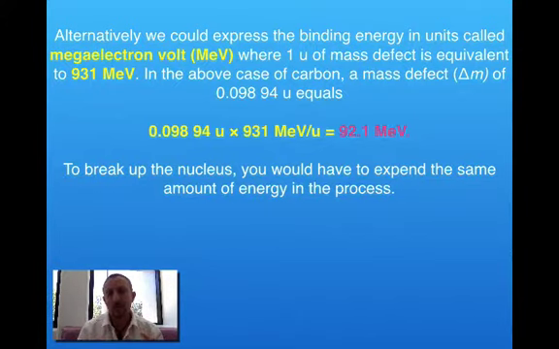Again, that value will be given to you in an exam, so you don't have to remember the comparison. But 1 u mass defect is equivalent to 931 mega electron volts. So I can convert my atomic mass units into mega electron volts, which would be 92.1 mega electron volts.